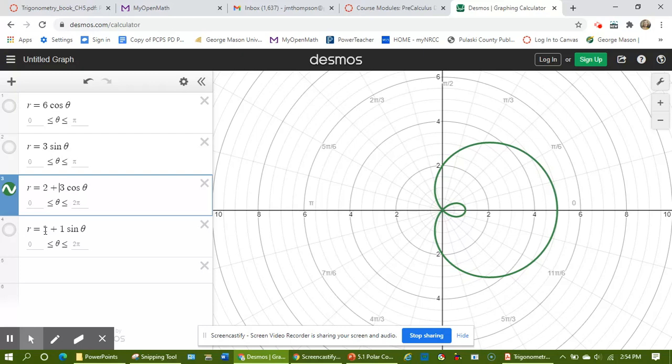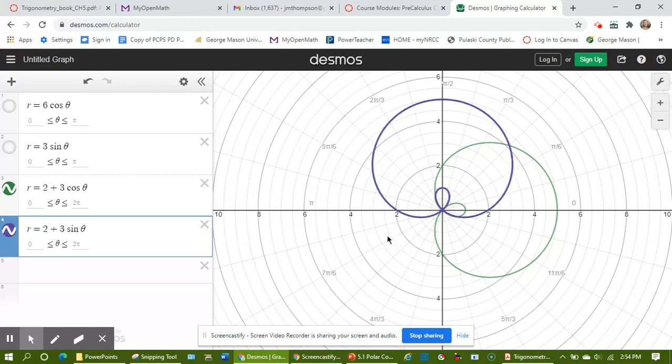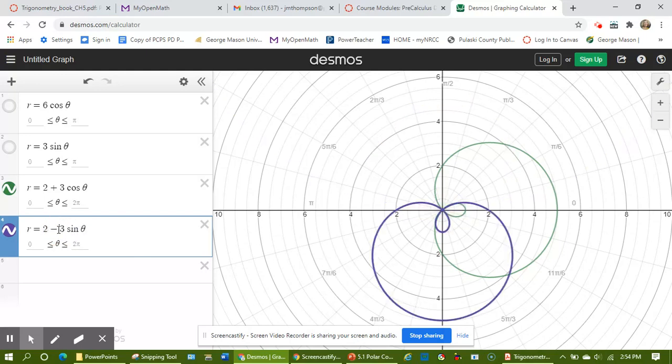And you could get a sine limacon down here. So if we put the a over b also 2/3, the sine limacon will be oriented in what we think of as the y direction. Okay, and you could reflect the sine limacon by putting a minus in the middle as well.